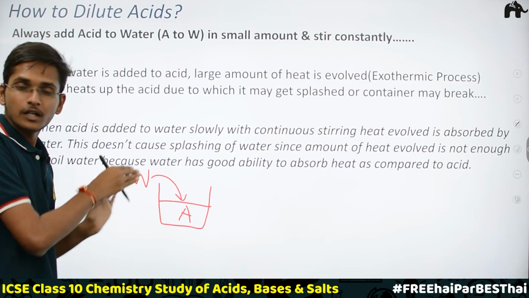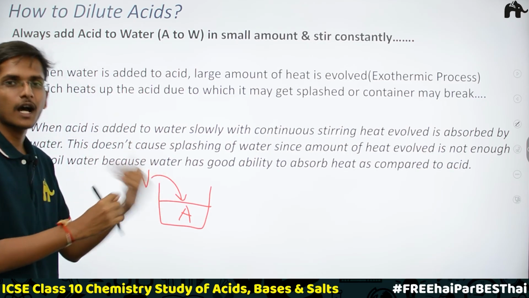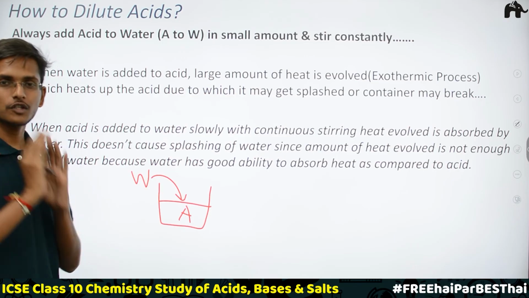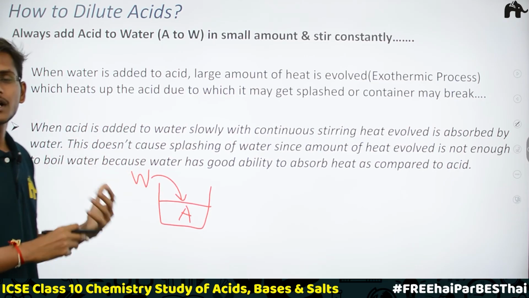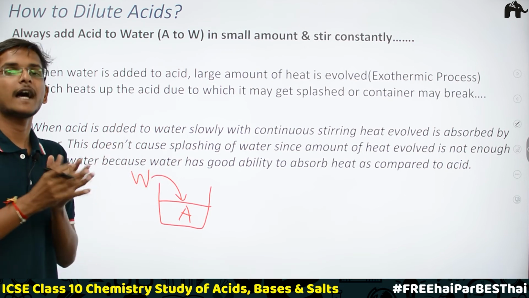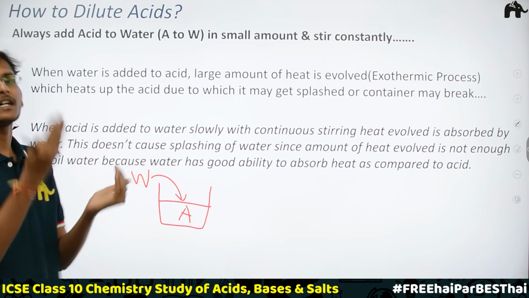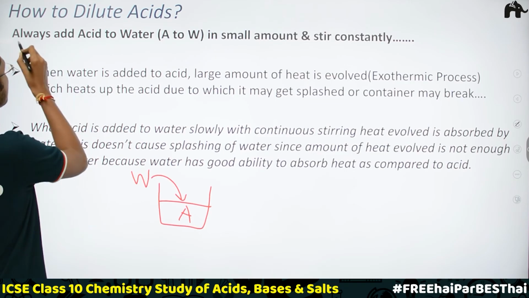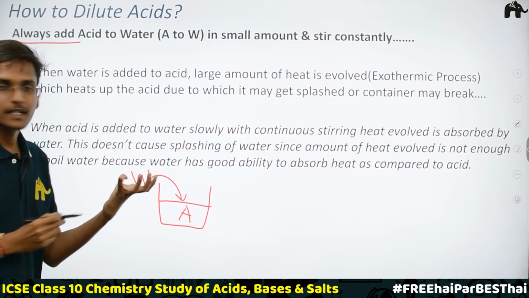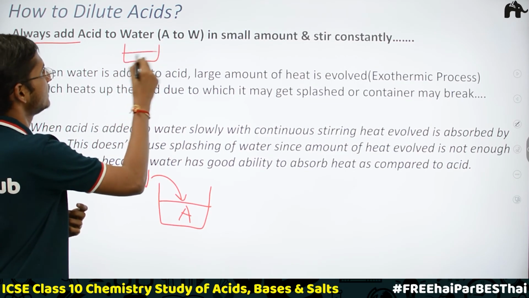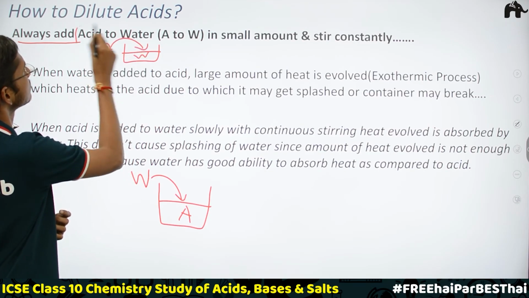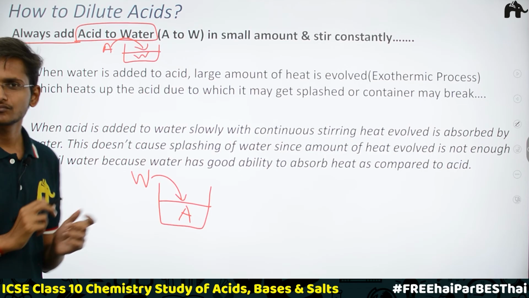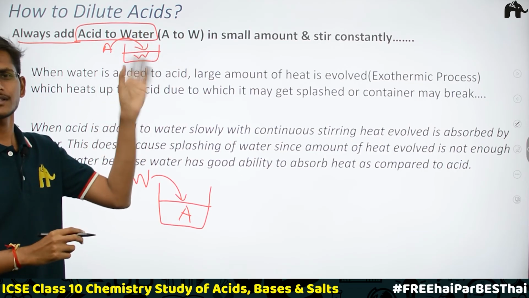Now why is this happening, and how should we dilute? First, let's see how we should dilute. We should do exactly the opposite: we should take water in a beaker and then add acid to the water. Now for this you can have a simple trick.